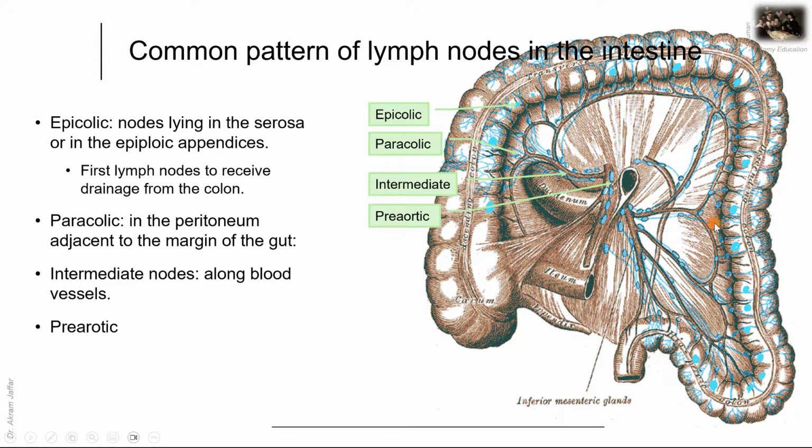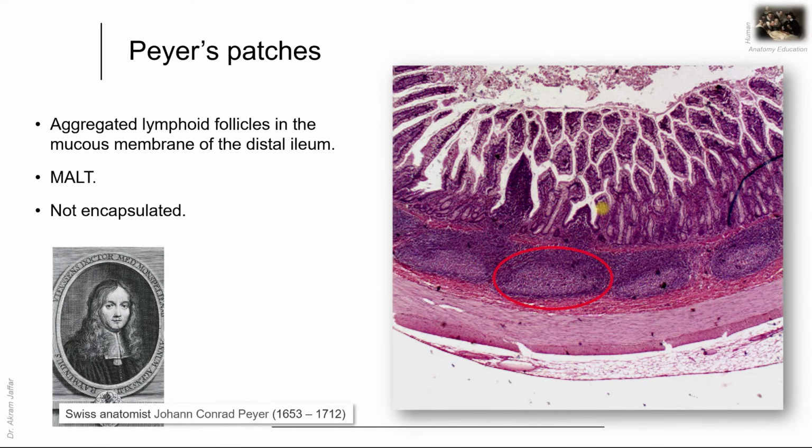This one will be the left colic artery, or the sigmoidal arteries, superior rectal artery. They are surrounded by lymph nodes, which are called intermediate lymph nodes, and then they ultimately drain to the pre-aortic group of lymph nodes.